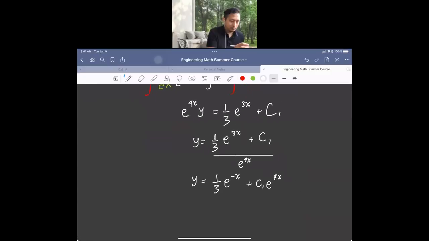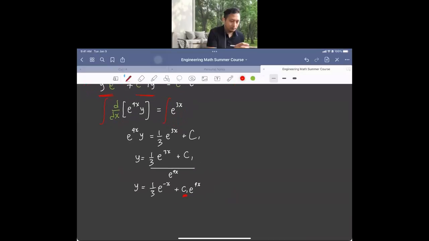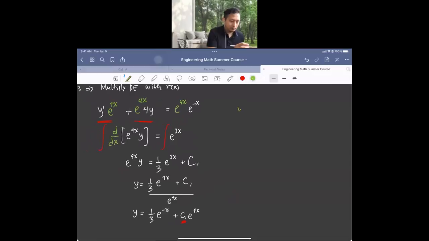And we have the initial value to find out what this constant is. We have y at x equals 0 is 4 over 3. So this is 4 over 3 equals 1 over 3 plus c1, and we get that c1 is equal to 3 over 3, which is 1.